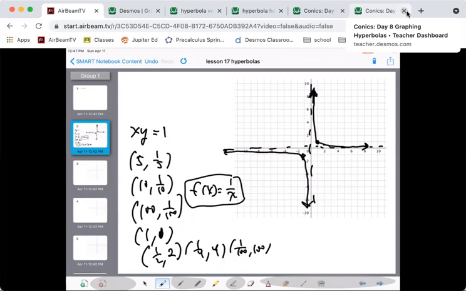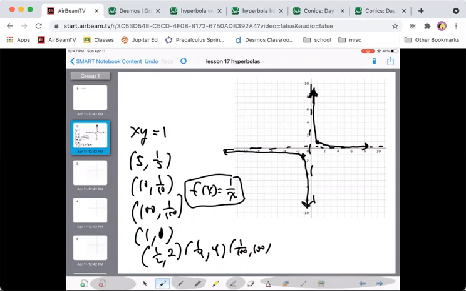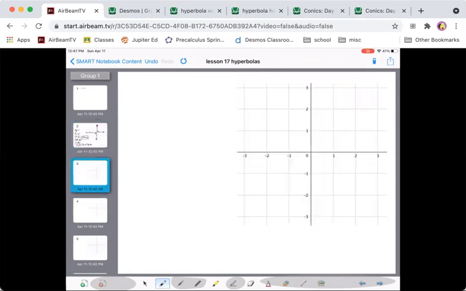But in this unit, we're going to see another sort of different looking equation that also produces a hyperbola. And to do this, I want to compare the graph or the equation of a circle. So x squared plus y squared equals 1. Of course, that has 1, 0, 0, 1, negative 1, 0, 0, negative 1.